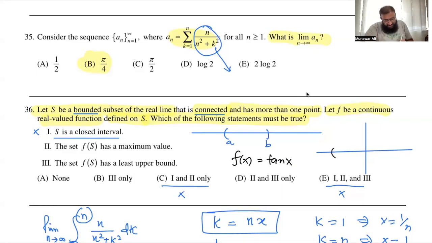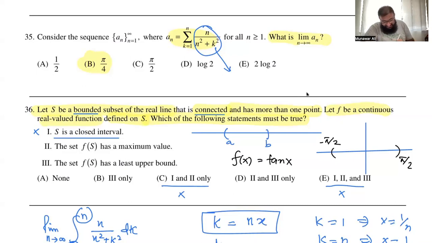If I'm taking my domain from negative pi by 2 to pi by 2, excluding pi by 2 and negative pi by 2, because at pi by 2 it's infinity, and at negative pi by 2 it's negative infinity. So I'm just excluding these, hence my function is continuous. Obviously, it is not Lipschitz continuous near pi by 2. It's not uniformly continuous or whatever, but it is continuous.